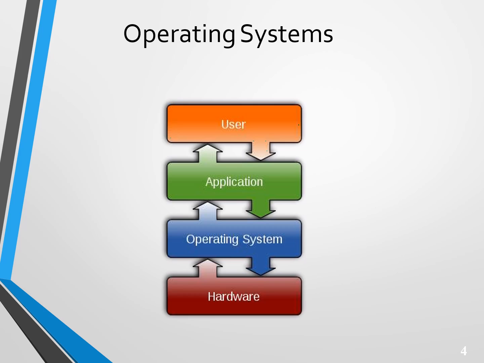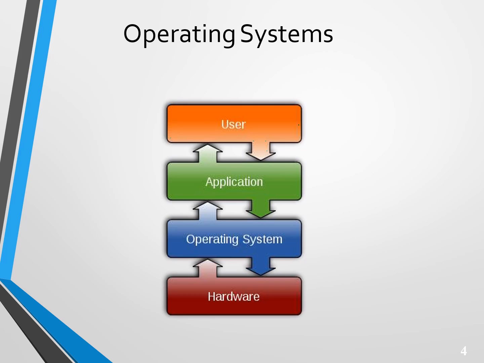Then third basic building block is operating system. Here operating system is a special program which acts as an interface between user and hardware. The next building block is hardware.